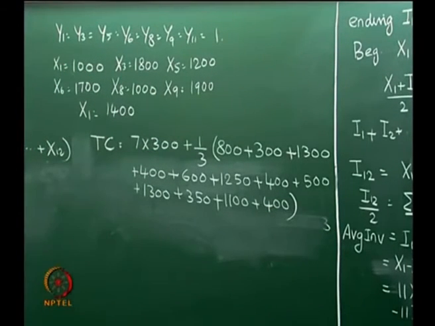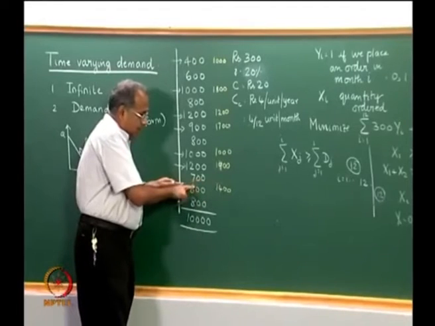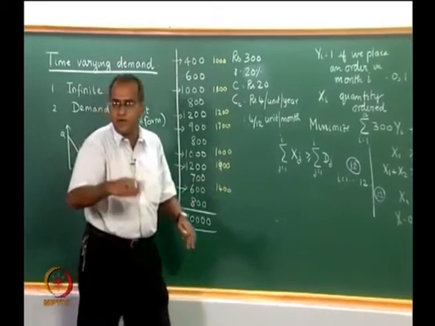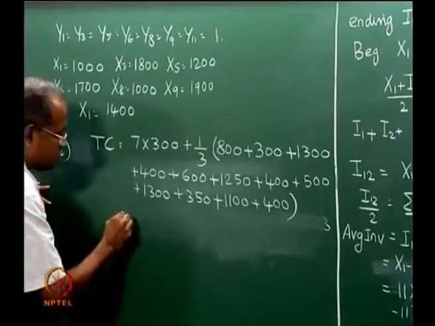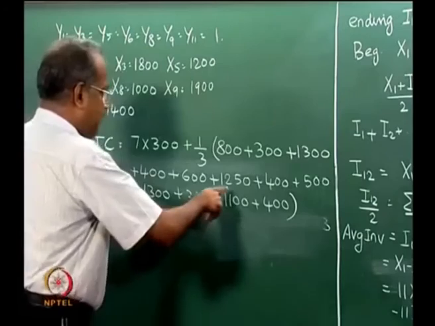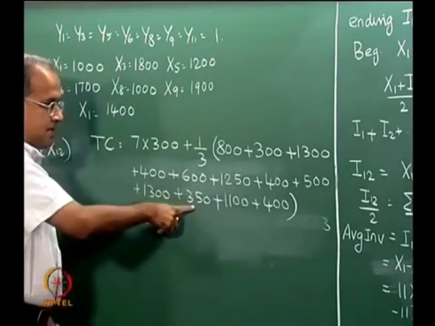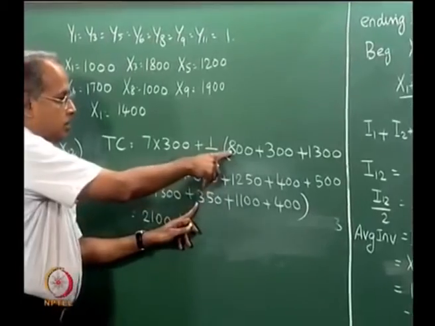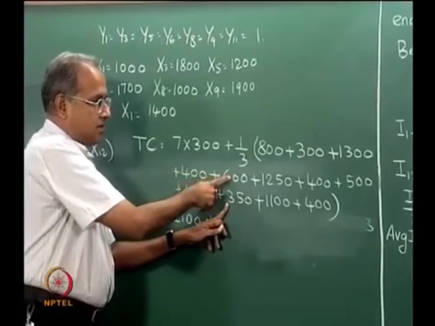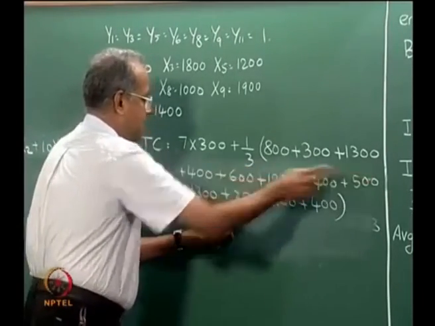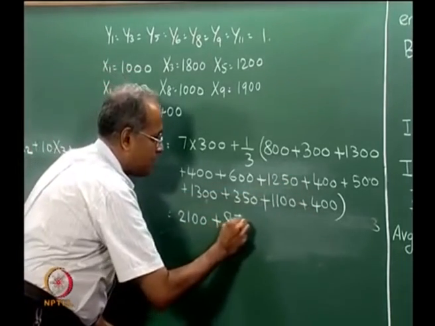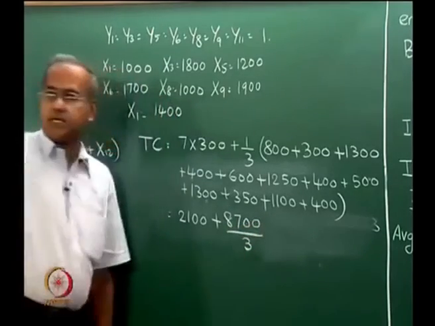Now 400 comes, 1100 comes because we order 1400. At the end of this month ending inventory is 800, 1400 plus 800 is 2200 divided by 2. So this will become 2100 plus, now let us add only the 50 terms first. 1250 plus 350 is 1600, 2400, 2700, 4000, 4400, 5000, 5400, 5900, 6200, 7200, 8300 plus 400 is 8700 divided by 3.